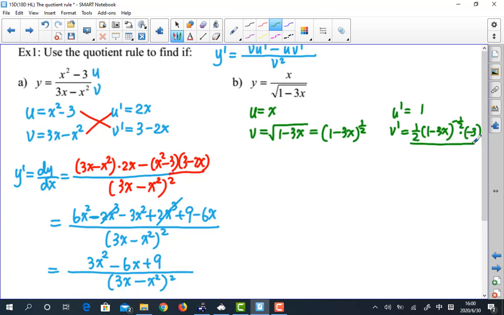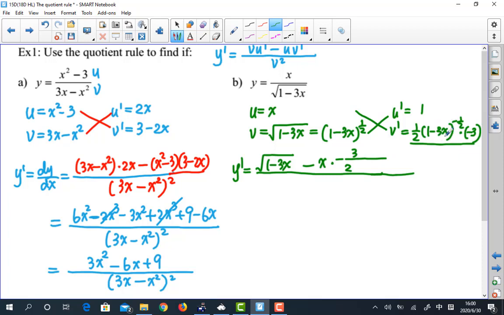So you need to apply the chain rule again when you look for v prime. So the outside times the inside. Y prime equals low d high. So square root of 1 minus 3x times 1 minus high d low. So x times, this one should be negative 3 over 2.